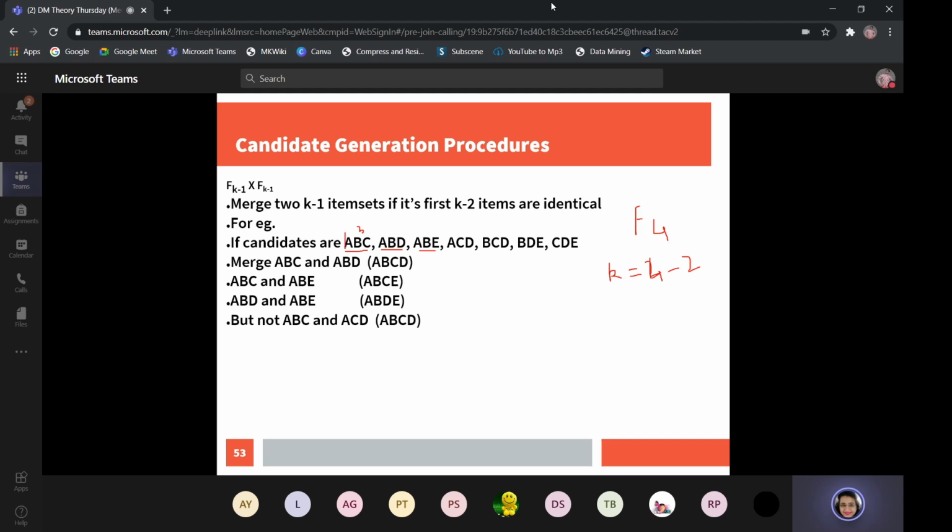Where is there a match in the first two? In the A, B ones. So you will combine A B C D and A B C E and A B D E. You cannot combine others because the first two are not matching. So A, B, C, D is a candidate. That's how it works. Okay.